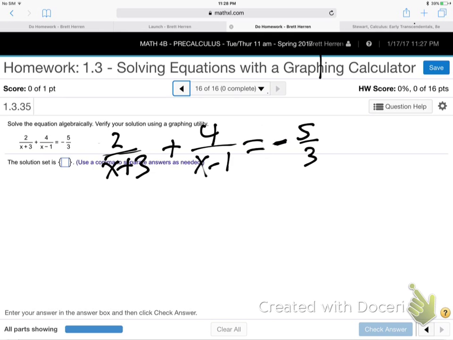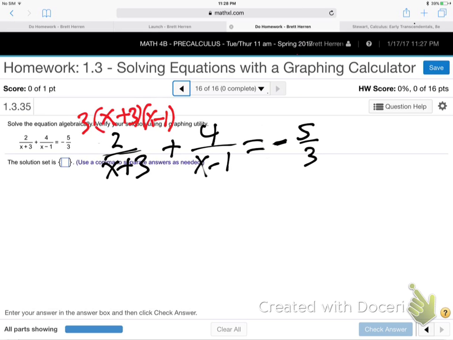Okay, so we need to multiply through this thing by a common denominator. So what's the common denominator for this? Well, it's everything. So we need the 3, we need the x plus 3, and we need the x minus 1. And we need to put that all the way across.